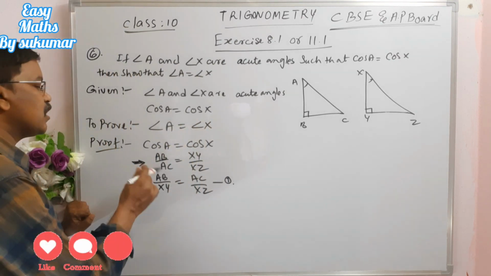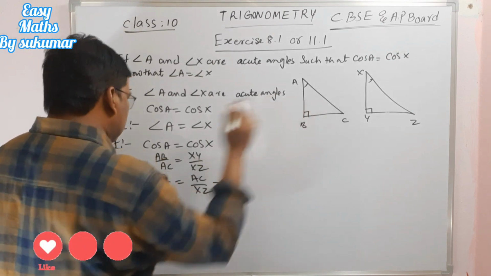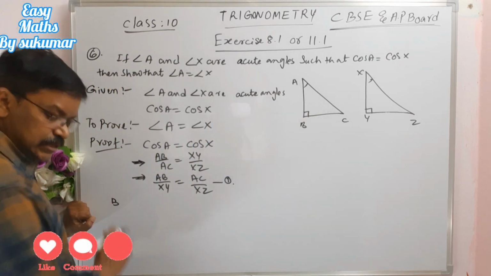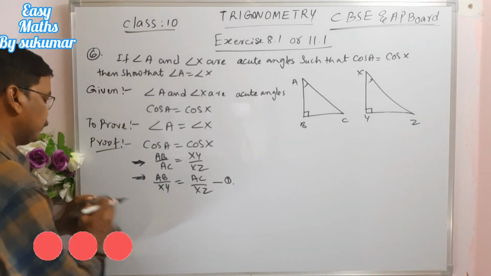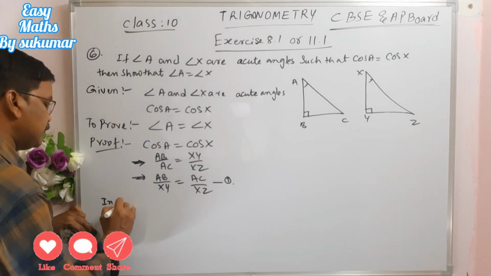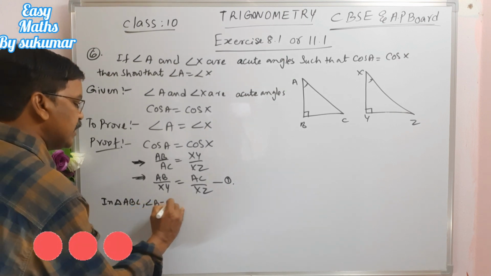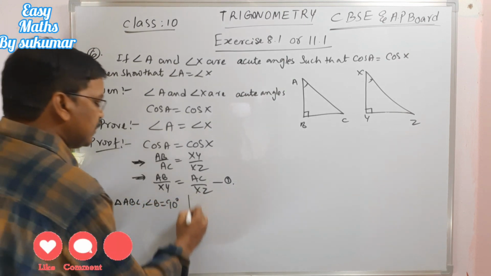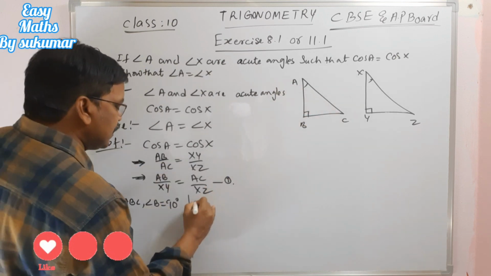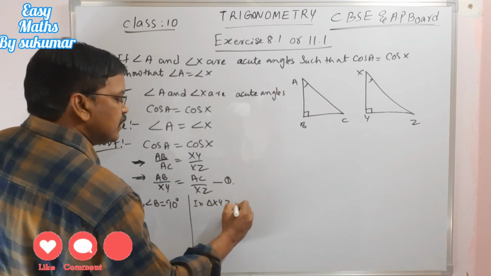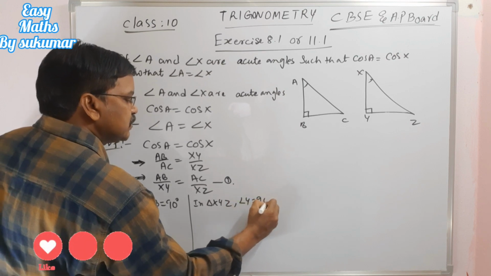Now here we have AB and AC, let us find BC. According to Pythagoras theorem, in triangle ABC, what is the right angle here? Angle B is equal to 90 degrees. Similarly, in the other triangle XYZ, angle Y is equal to 90 degrees.